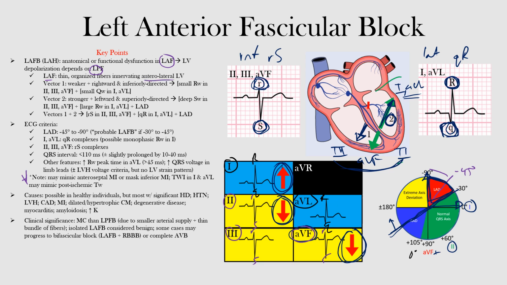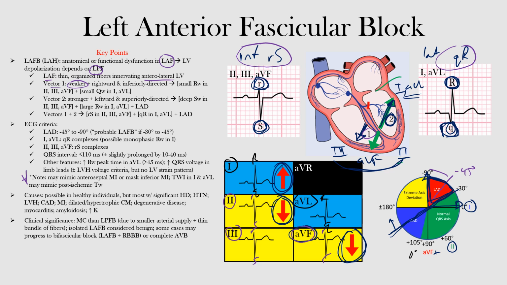We talked about these vectors: that initial weaker vector, number 1, heading inferiorly and rightward, which gives us small R and Q waves in our lateral and inferior leads. Then the stronger vector going leftward and superior is where we see those deep S waves and the large R waves. In the inferior leads we see RS complexes, and in the lateral leads, QR complexes.